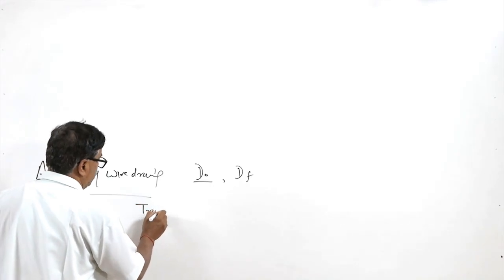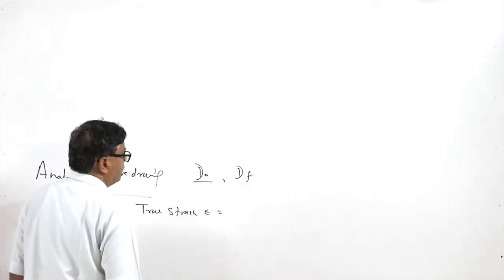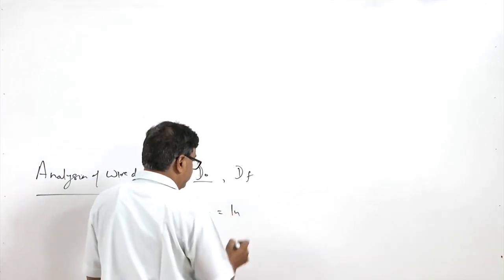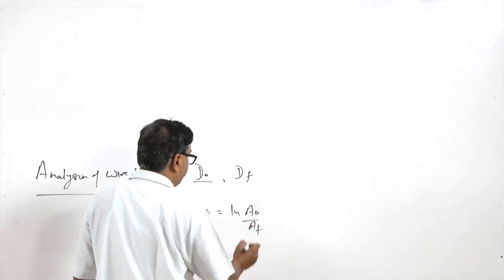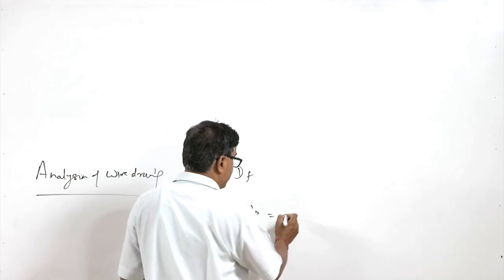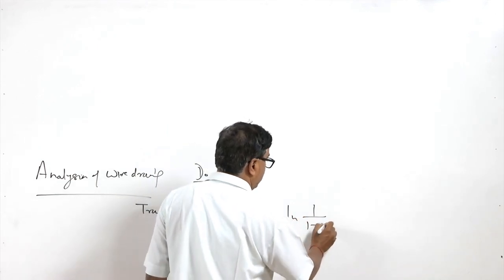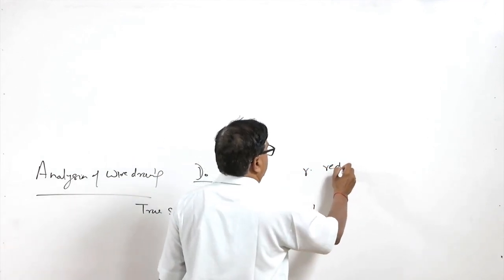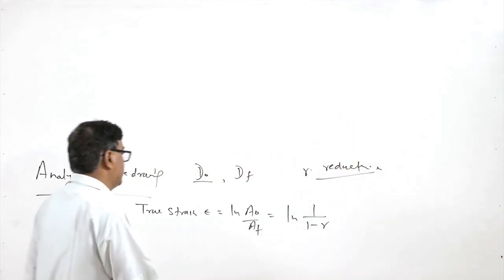determining the true strain, what we use basically is the log of A naught divided by AF, which is also written as log of 1 by 1 minus R. R is the reduction percentage, as I have shown earlier.